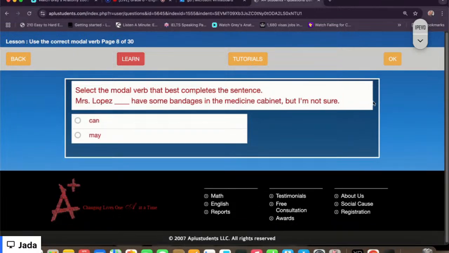Mrs. Lopez dash have some bandages in the medicine cabinet, but I'm not sure. Can or may?